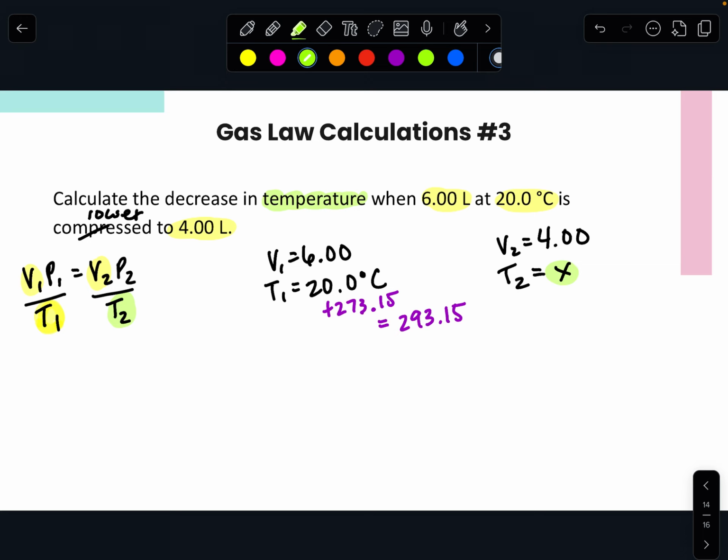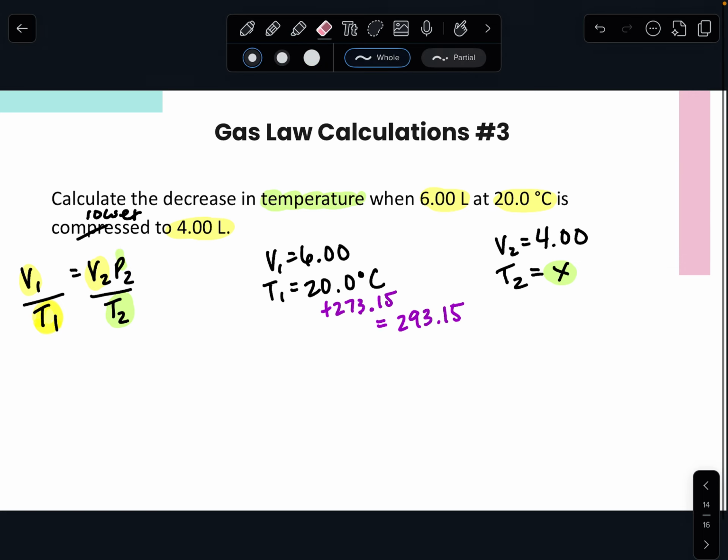That's my X value that I'm looking for. Nowhere in this problem does it talk about pressure, which means I'm just going to essentially erase the pressure out of my equation. So I'm going to erase the pressure all the way out, so I don't have to worry about it at all. So now all I have to do is just plug in my formula.